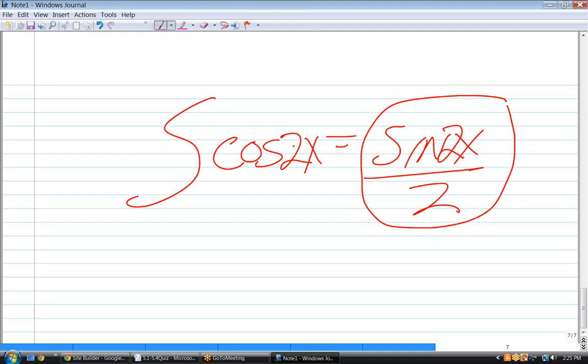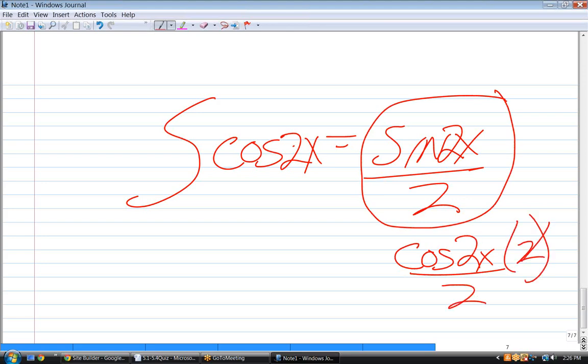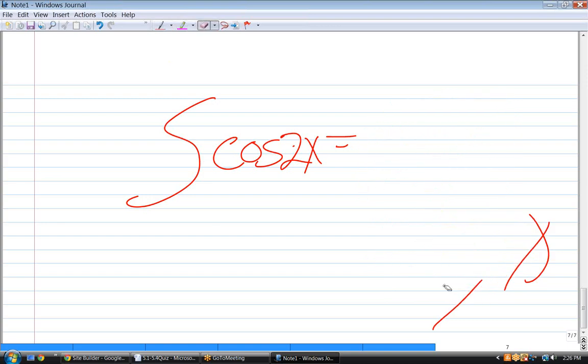Because if we take the derivative of that, we're going to get the cosine of 2x divided by 2 multiplied by the inside, multiplied by 2. We get what we started with. So when you integrate a trig function, you get what you would have gotten if you integrate cosine of x, divided by the coefficient of the angle.